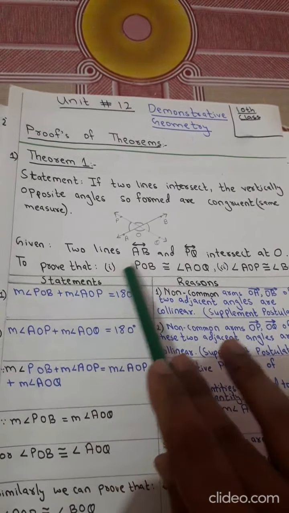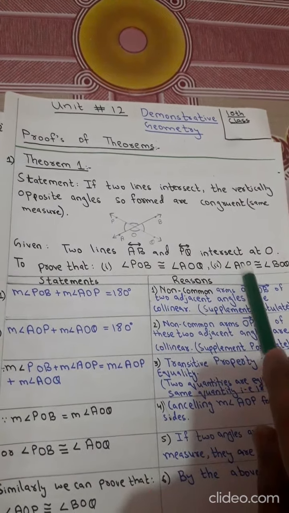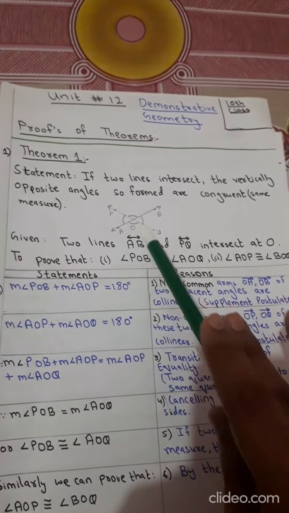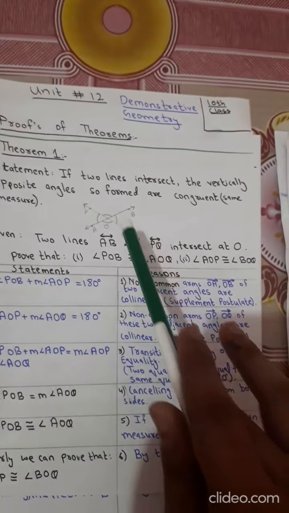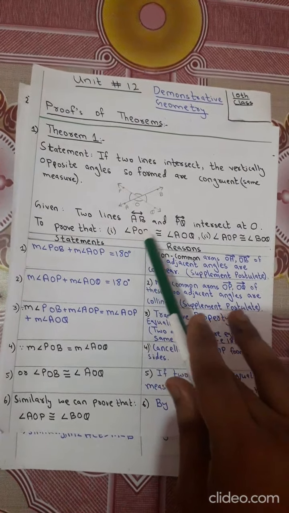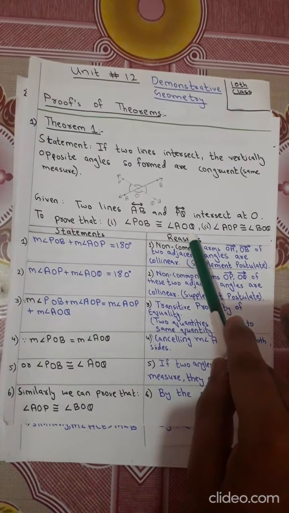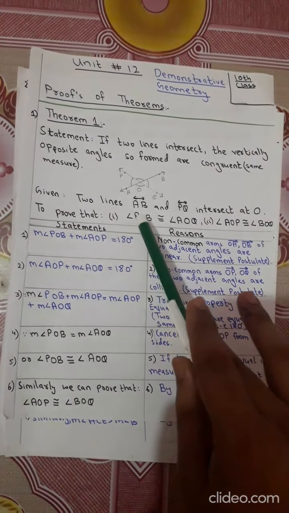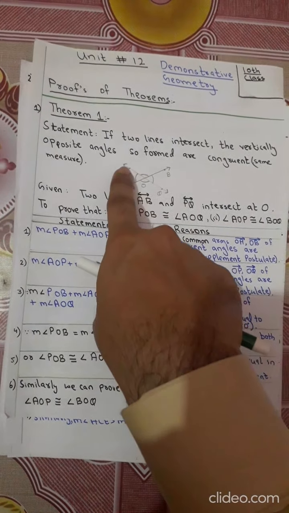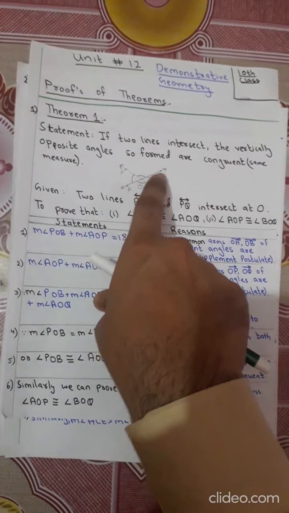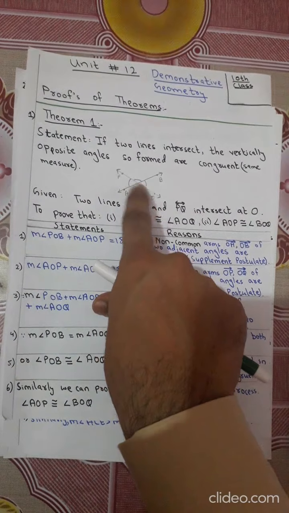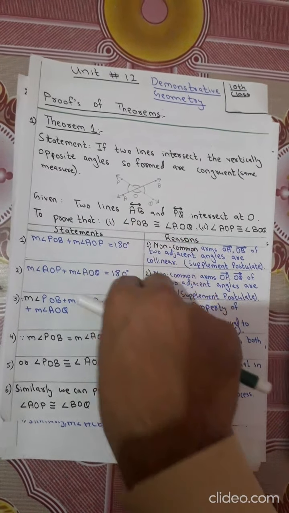We are given two lines AB and PQ that intersect at O. You can see in this diagram, we have to prove that angle POB is congruent to angle AOQ, meaning the upper one and lower one must be equal.